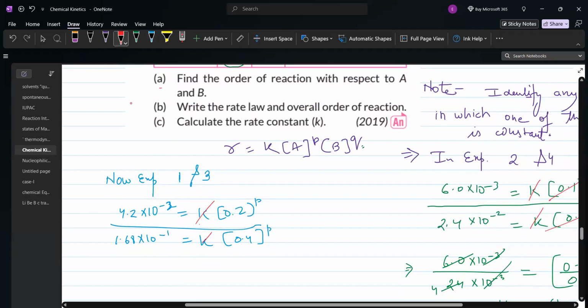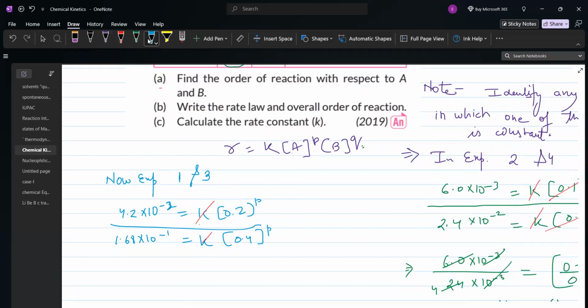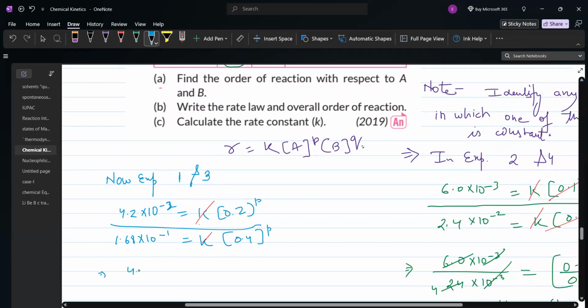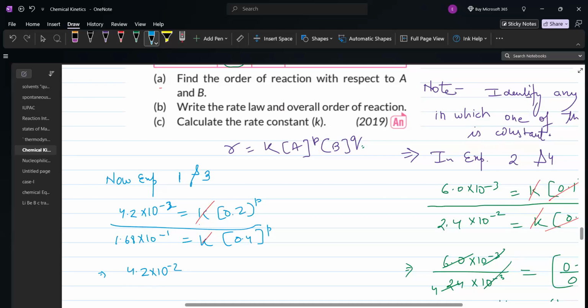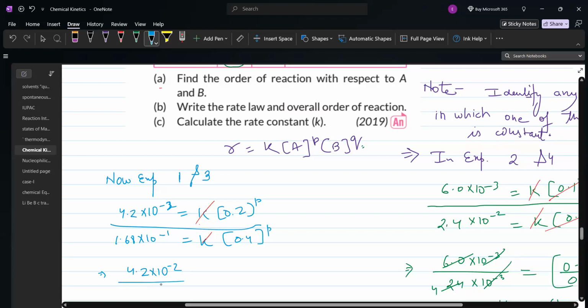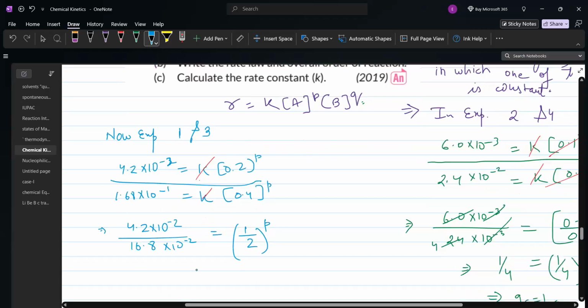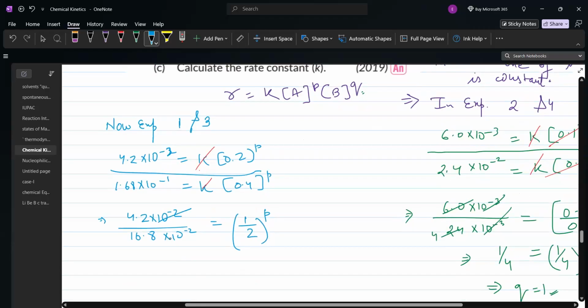Next we will solve this: 4.2 into 10 to the minus 2 upon 16.8 into 10 to the power of minus 2 is equal to 0.2 upon 0.4 to the power of p. So we will get 1 by 2 to the power of p.